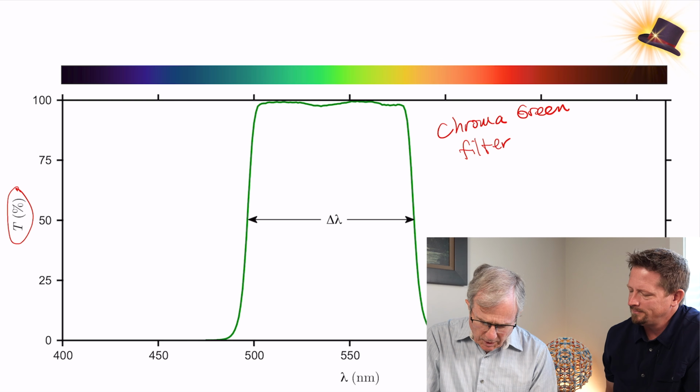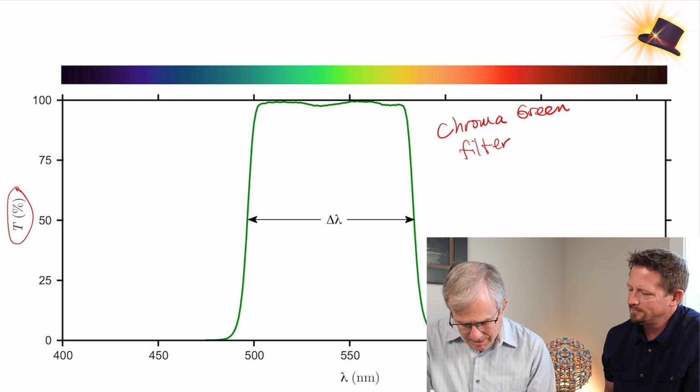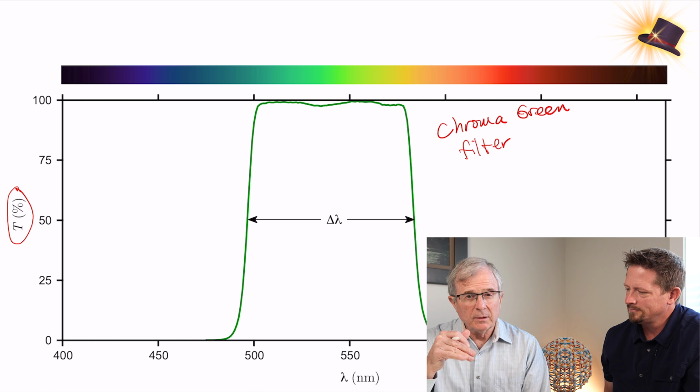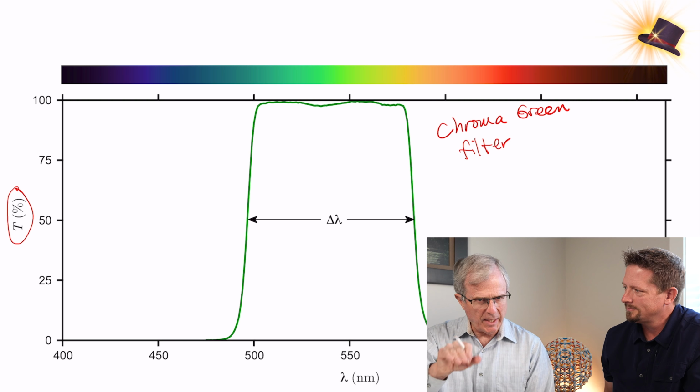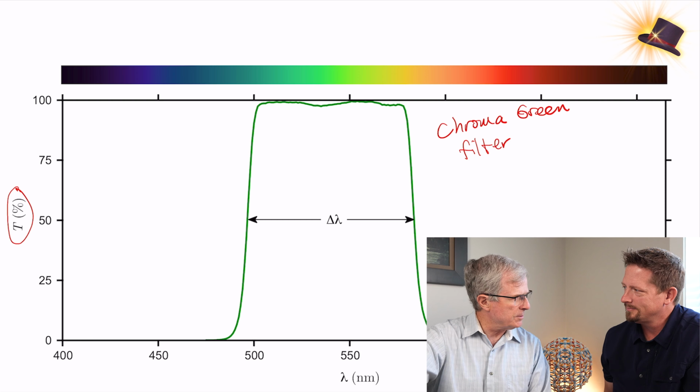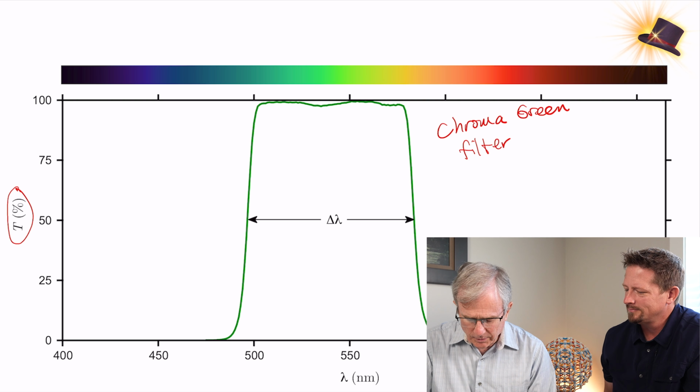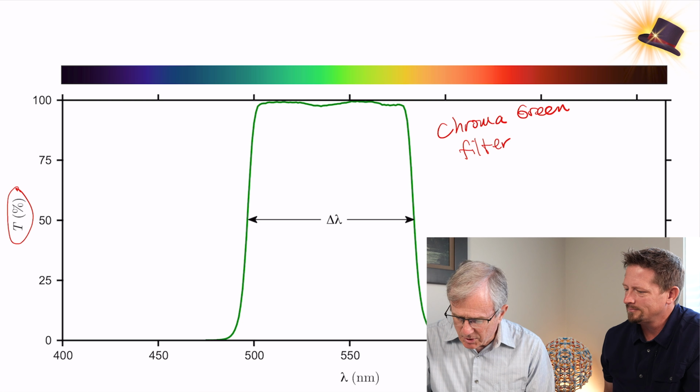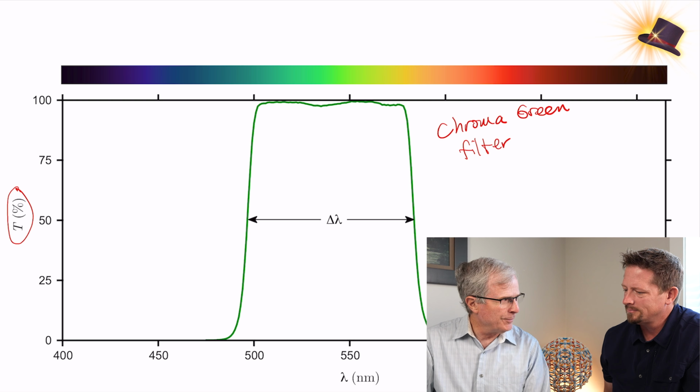And we'll talk about this in just a second. The transmittance is the fraction of the incoming light that passes through the filter and gets to your sensor. And the fraction, or the percentage. So as you can see, these are very, very highly regarded filters.